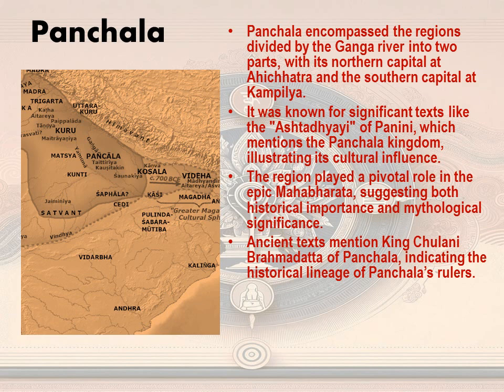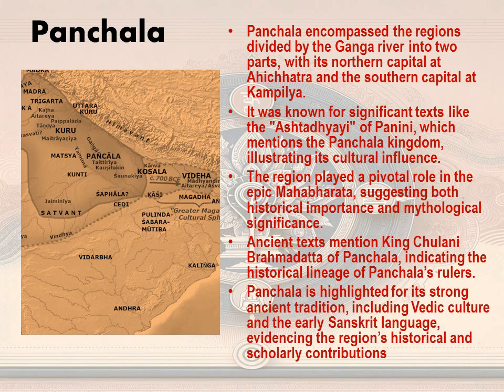So we find King Chulani Brahmadatta as an ancestor of all the Panchal rulers from the 6th century BC. Panchal is highlighted for its strong ancient tradition, including the Vedic culture and early Sanskrit language, evidencing the region's historical and scholarly contributions. So Panchal was very much significant for its numerous presence in Ashtadhyayi by Panini and in Mahabharata.